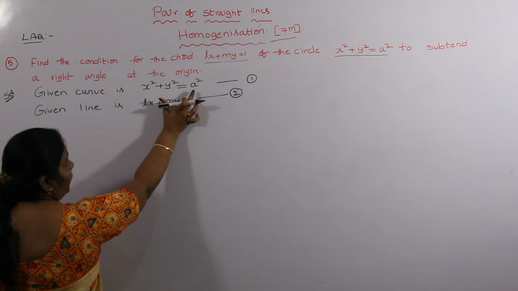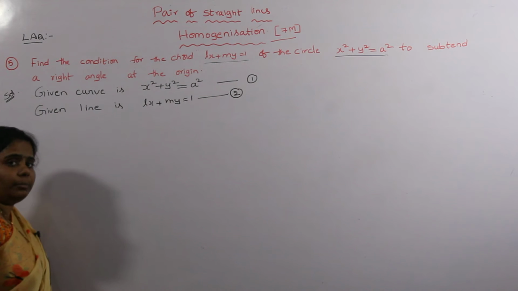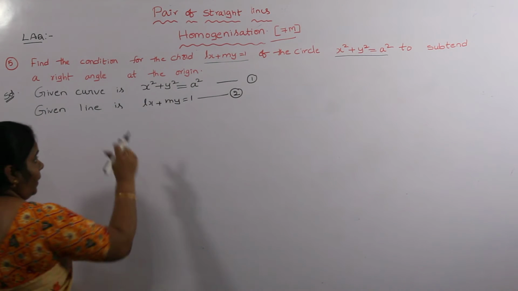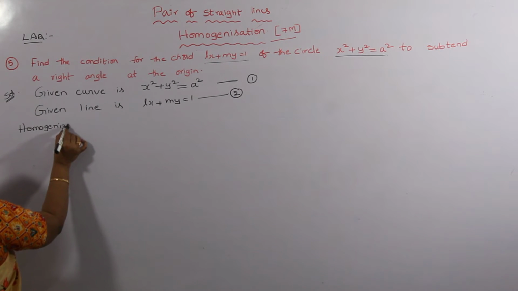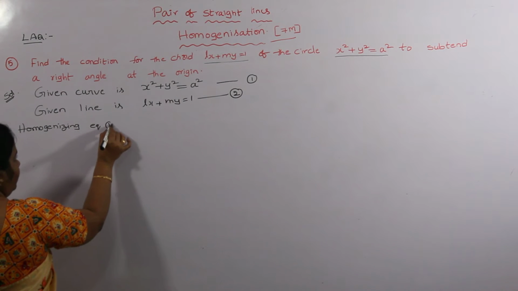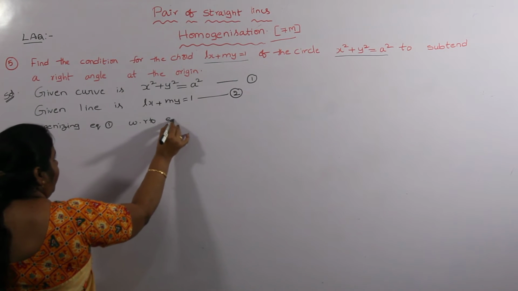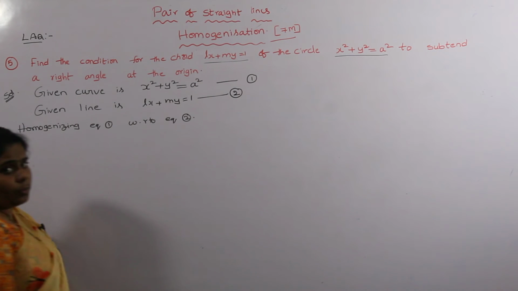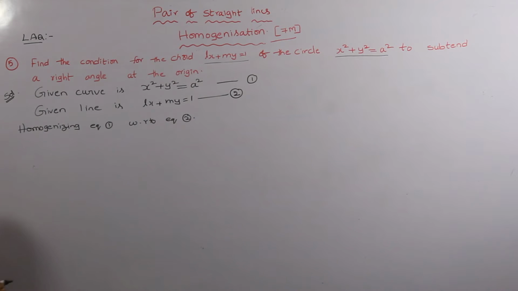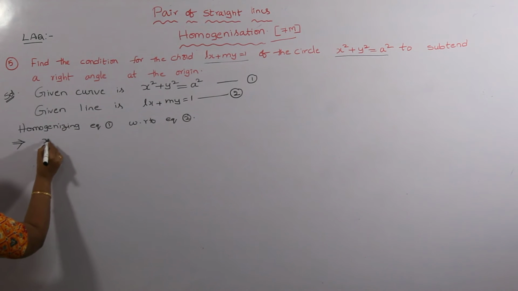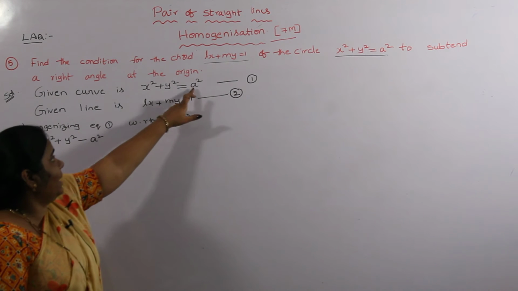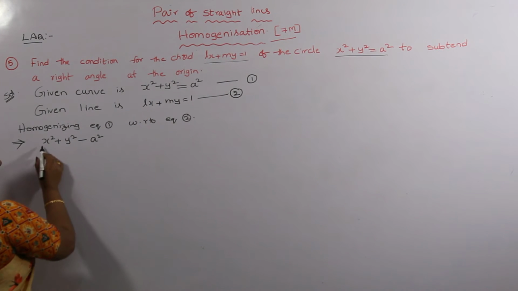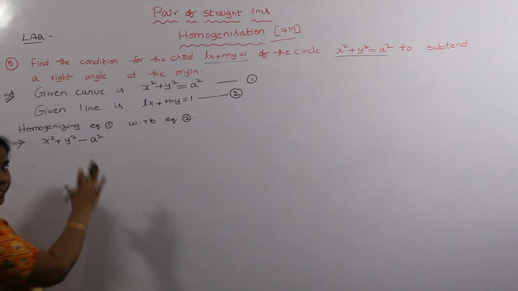We have power 2, and there is no xy term, so its power is 0.